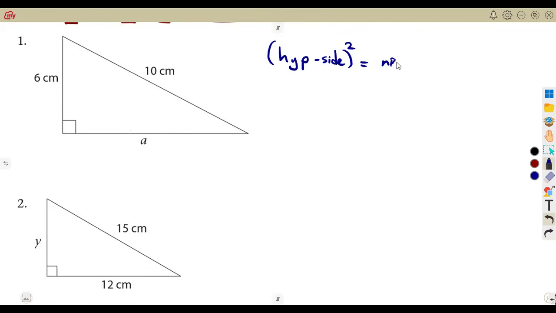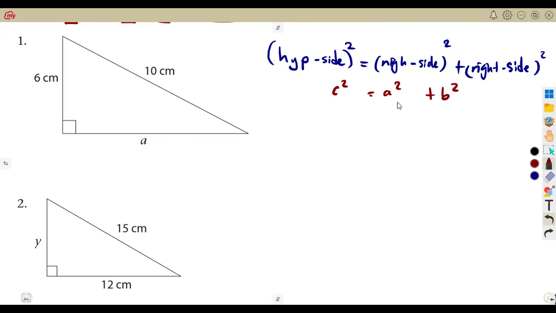The sum of the right sides squared, meaning we are going to have the right side squared plus another right side squared. This is what you're going to have. From what we had from that triangle, when we said c squared is equal to a squared plus b squared, if you understand it that way, use it like that. C is the hypotenuse, A and B are the shorter sides.